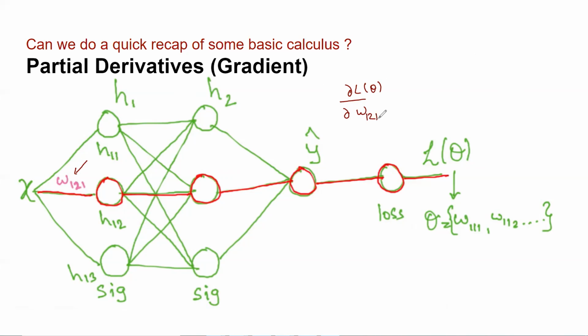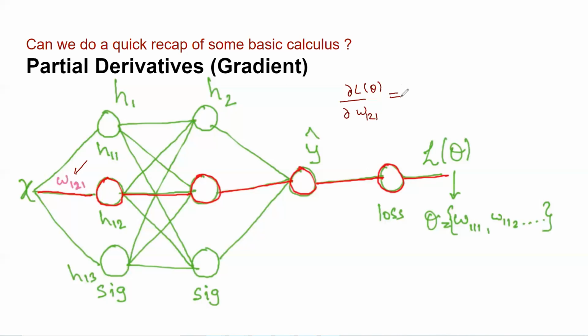I cannot directly compute it, because there are so many neurons in between. The effect we see in the loss is not just because of this particular neuron. It has the effect of this neuron also, this neuron also, and this neuron also.